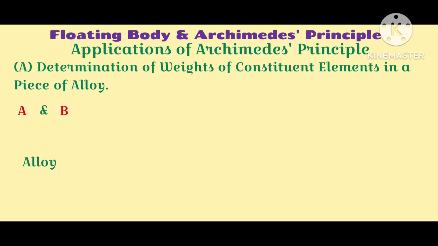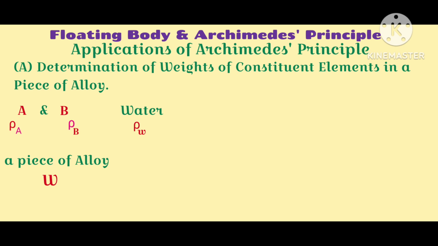Suppose an alloy is made of two elements A and B. Rho A and rho B are the densities of element A and element B respectively. The piece of alloy has weight W. Rho W is the density of pure water.